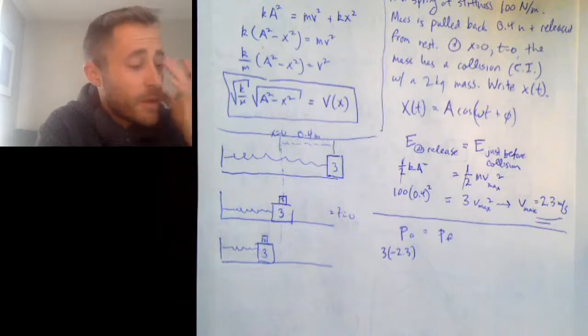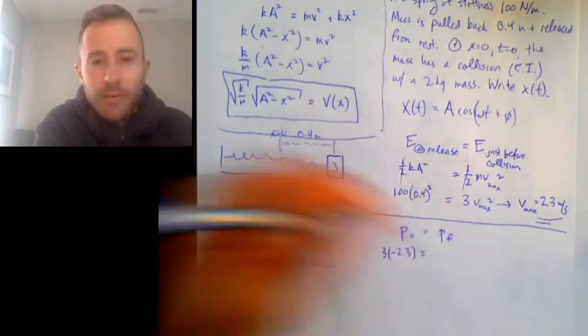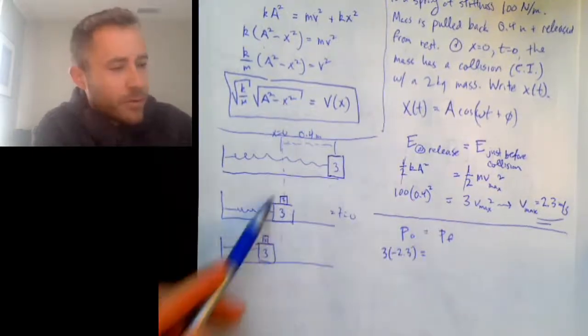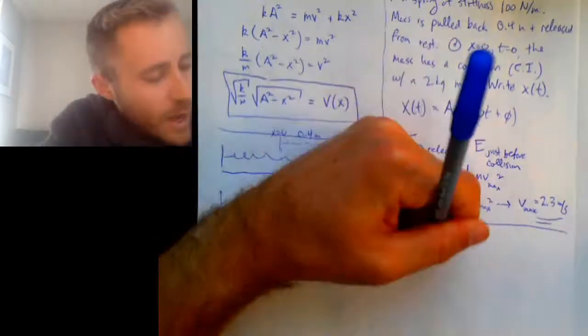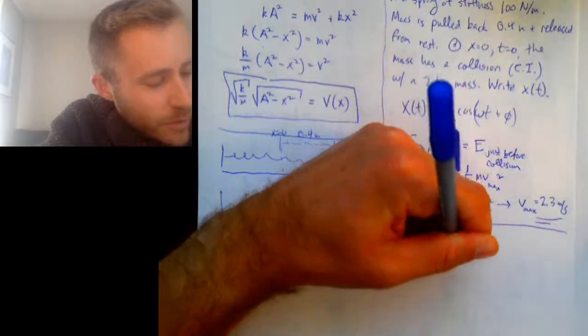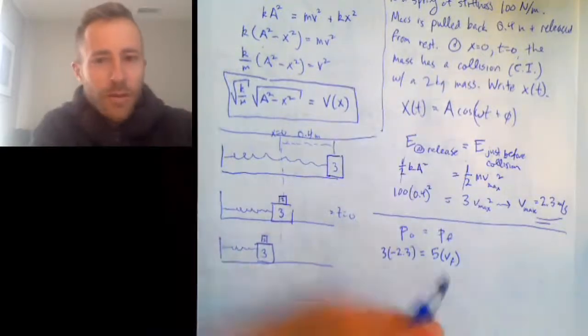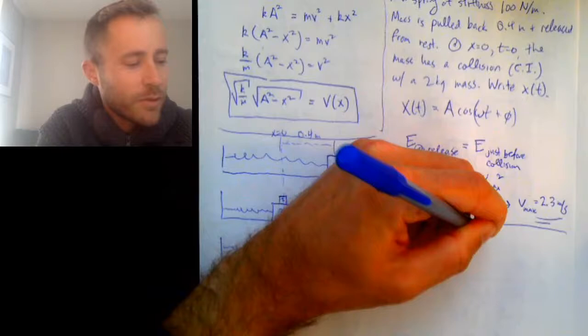Afterwards, we have 5 kilograms, because it's 2 kilograms and 3 kilograms moving together at an undetermined final velocity. So we can solve that for V final after the collision.